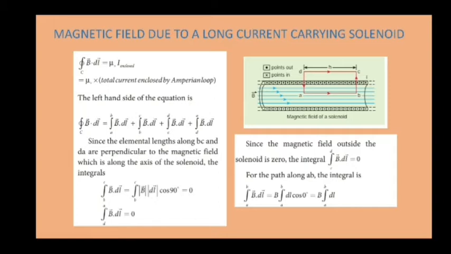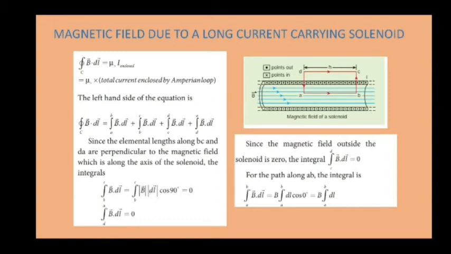Where the length of the loop AB is the side of variable length and AB is the height. So the integral of A to B B vector dot dl is equal to BL.